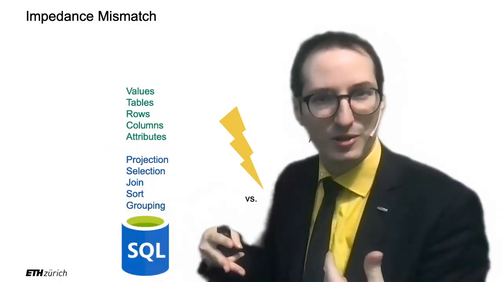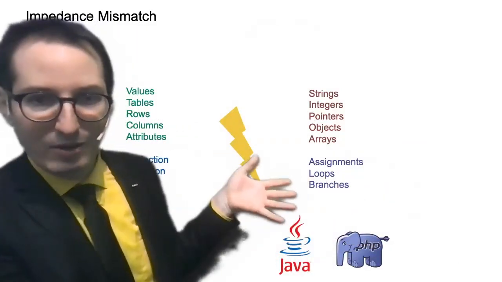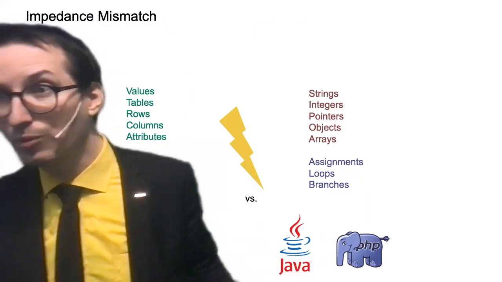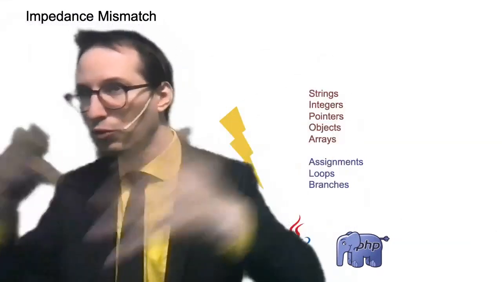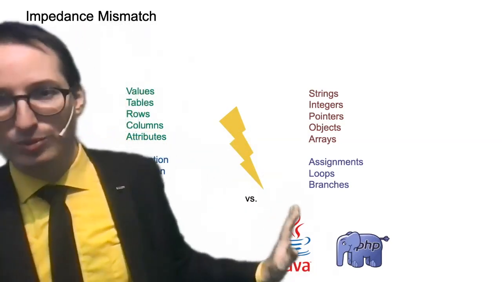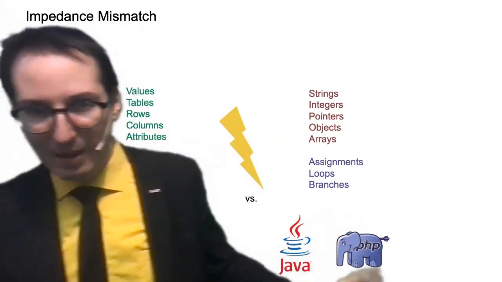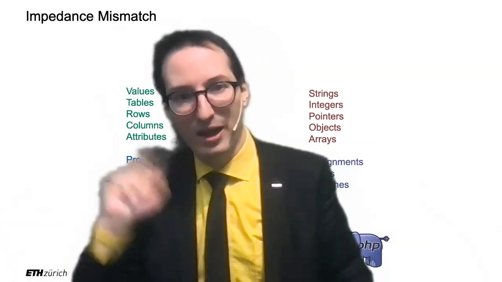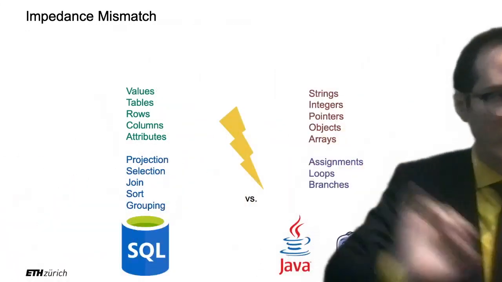It's highly optimized, returns the table. But in a language like Java or PHP, it's not like that. These languages are imperative. They look more like do this, do that, and then a for loop, and then a while loop, and if then else, and so on, right? So I assume most of you know how to program a little bit, but basically these two worlds are completely different. And between the two is what we call an impedance mismatch.